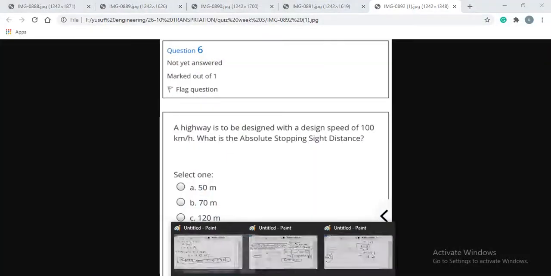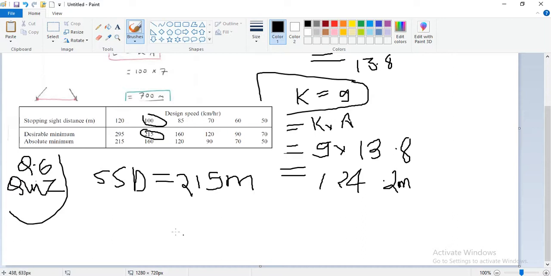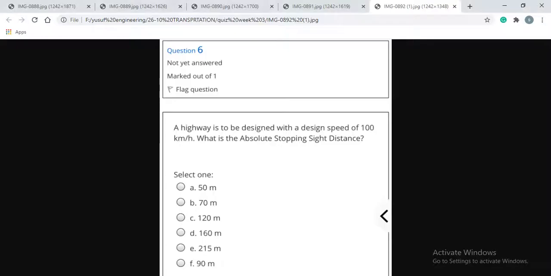So the stopping sight distance, SSD, will be 215 meter. Option E is correct here. Question number 6 is also done.